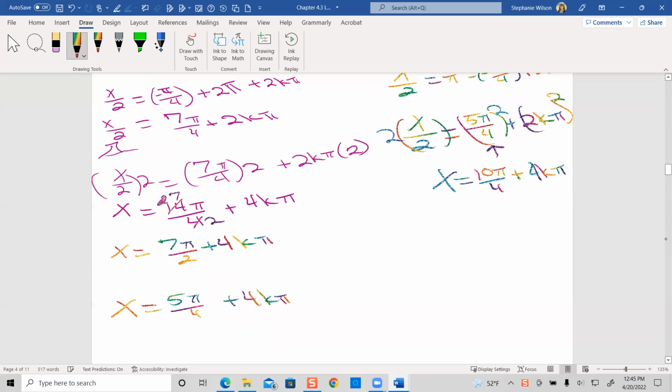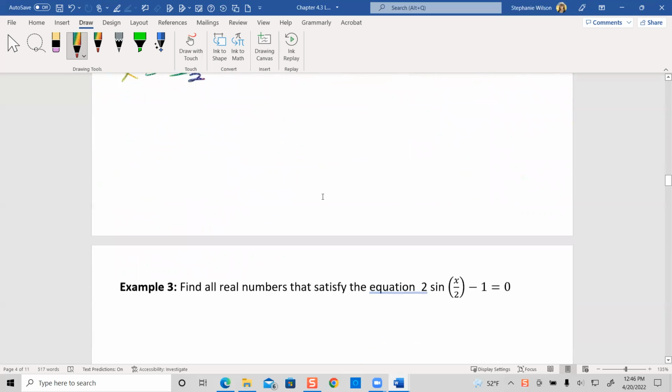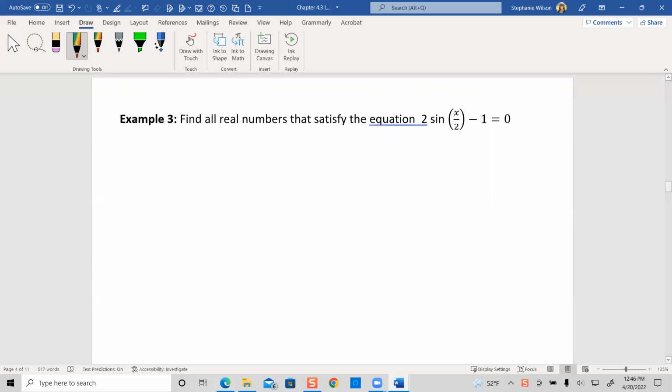We got that as the smallest possible. We also got this as a larger possible, and we also got this as an even larger possible. Okay, and then just plug in any number for k, and that's going to give us our real numbers.